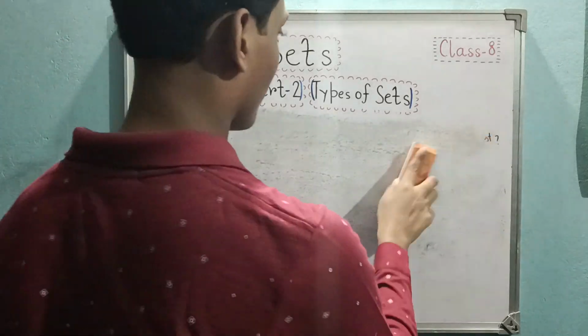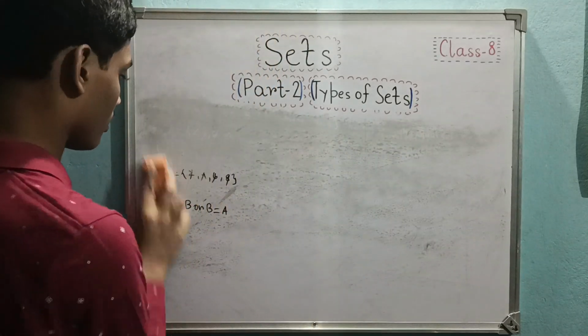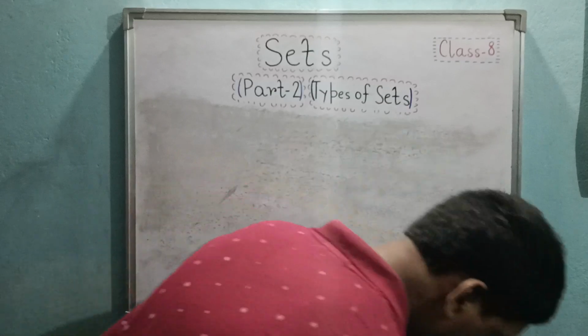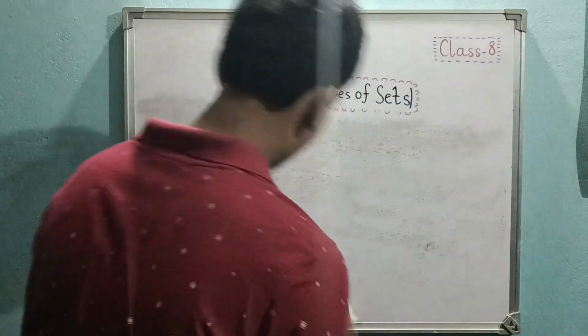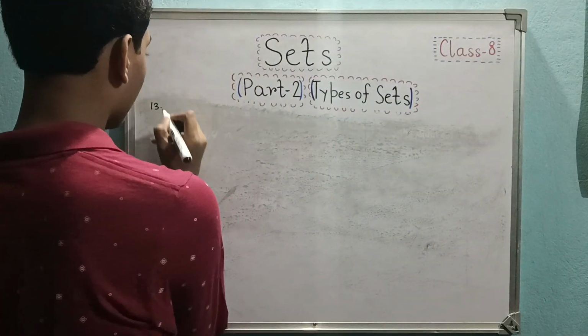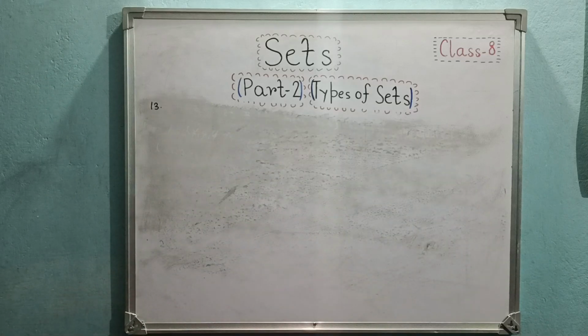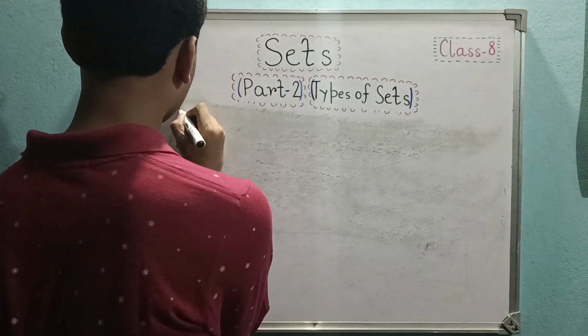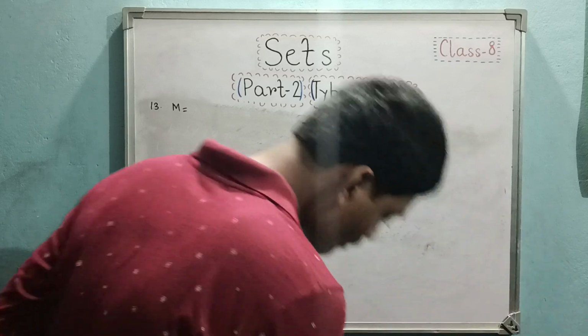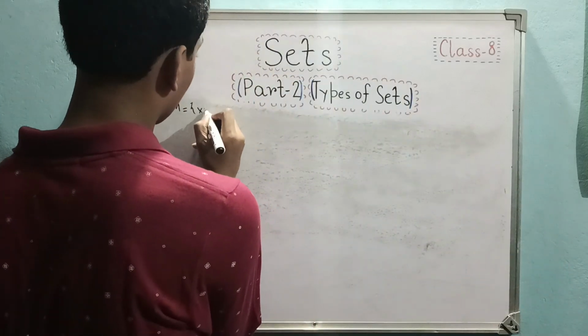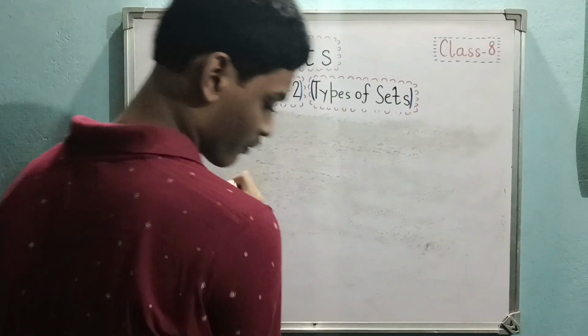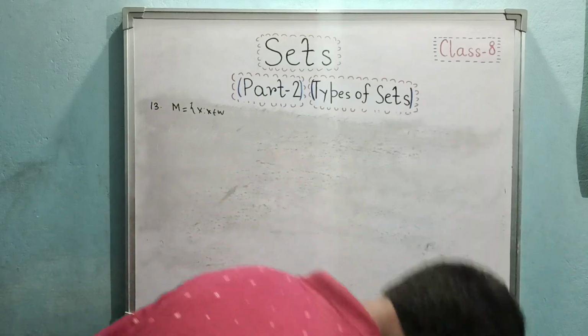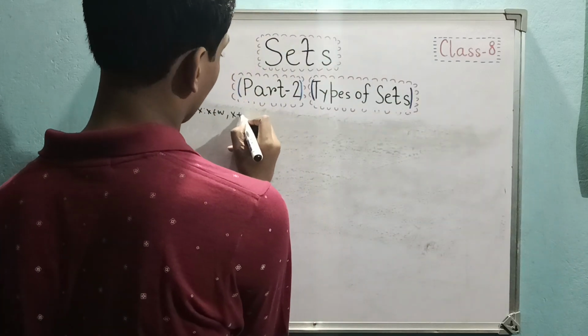Let's see the next type of sum. So now I have another one. You have to check if it is equal or not. I have a set M which is {x such that x belongs to whole numbers, x plus 3 less than 8}.